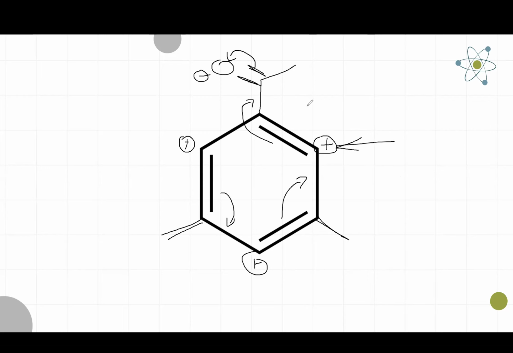Make sense? And make sure that these directors only happen if the substituent is already on the ring, right? So if this guy's already on the ring, he's going to be doing the directing. And so if you have multiple substituents, they're all going to be directing at the same time.